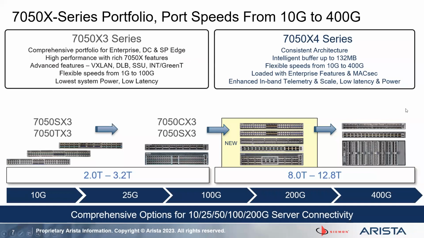So if you look from left to right, we have the X3 platforms that provide you the 10 gig, the 25 gig, and the 100 gig connectivity, and the X4 platforms on the right that are the new platforms, which I will get into in just a moment, that provide you that 100 gig to 400 gig connectivity. The most interesting piece about the X4 platform is not only does it get you ready for that 100 gig to 400 gig transition, but it does so keeping in mind the backward compatibility all the way down to 10 gig and 25 gig.